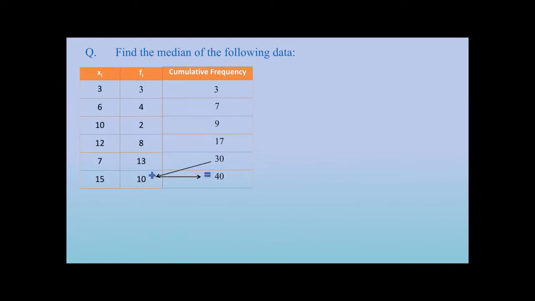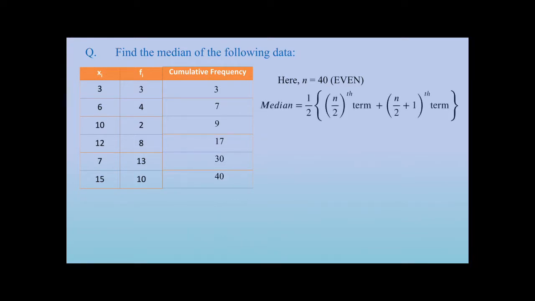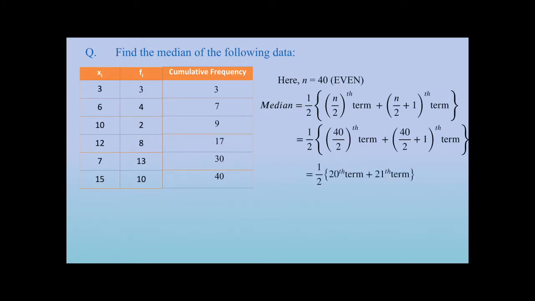So the value of n in this question is 40, which is an even number. So the median is given by the formula half of the (n upon 2)th observation plus the (n upon 2 plus 1)th observation, which is half of the 20th term plus the 21st term.